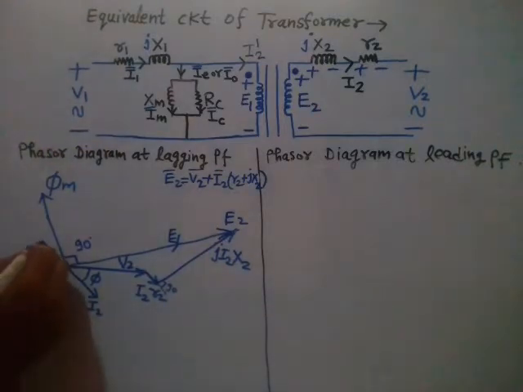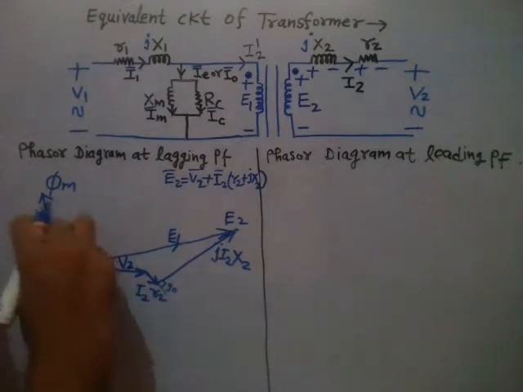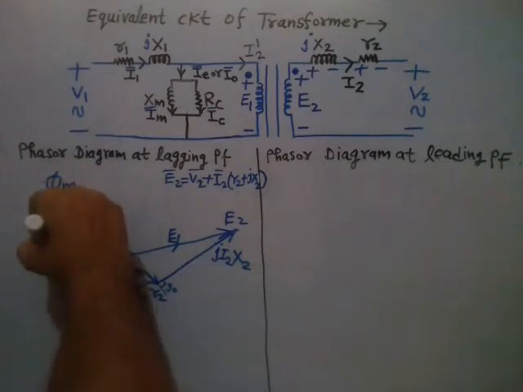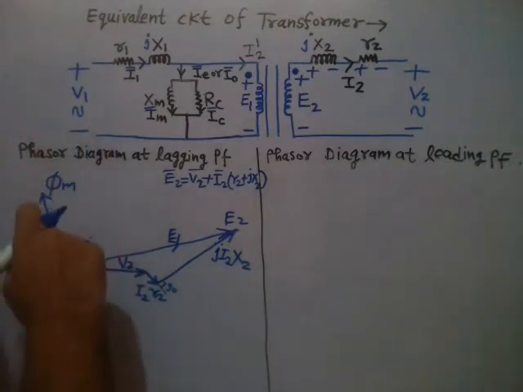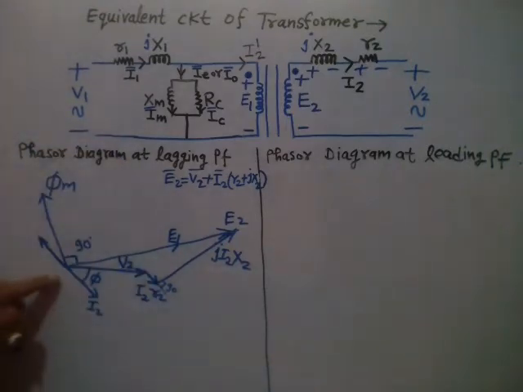That means it is the referred value, the same length phasor but on the other side, right? So you can see this is I2 dash, that is the referred value. I told you the meaning of referred values. So if this is I2, this is I2 dash, right?